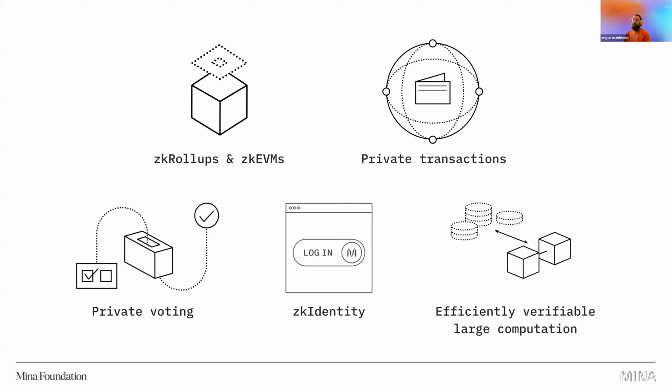ZK identity is something where this idea of identity in the digital world is something that a lot of people are having to think about. We're redefining or rebuilding the idea of identity, right, with the internet and apps and digital services.